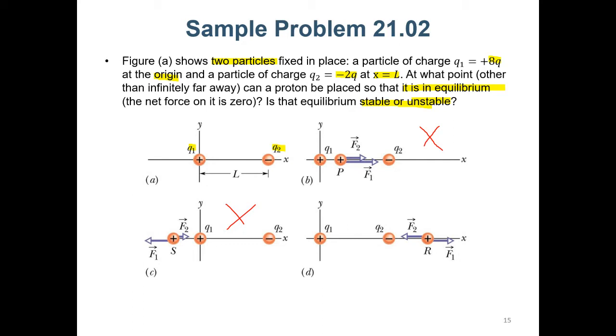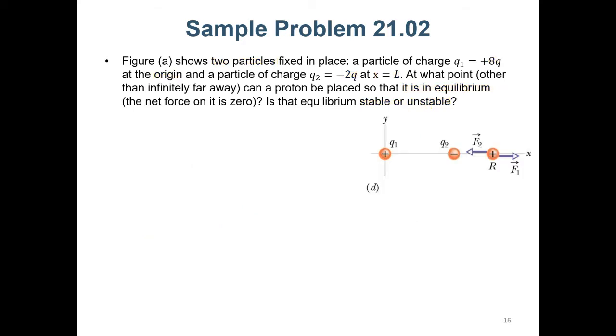But there will be one point where the proton is close enough so that these two forces have the same magnitude but opposite direction. So we will try to calculate based on these cases. There are only 3 cases because if the proton is not on the x-axis, then the y component can never be 0.